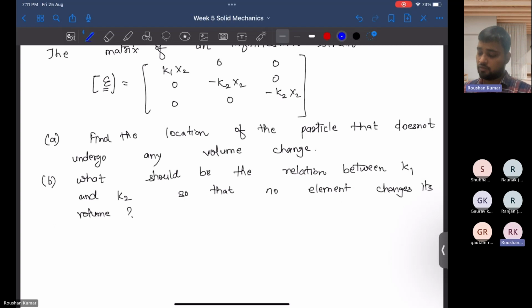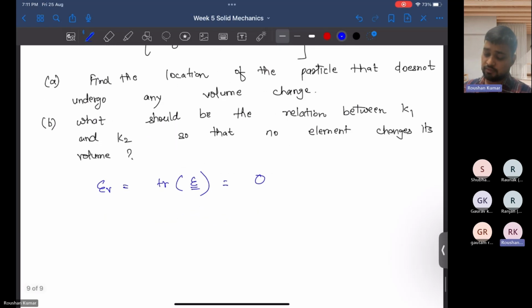So the first question is, find the location of the particle that does not undergo any volume change. That is, the volumetric strain here is 0. And we know that volumetric strain is given by the trace of the strain tensor, and from the question it is 0. And what is the trace of the strain tensor? k1 x2 minus k2 x2 minus k2 x2.